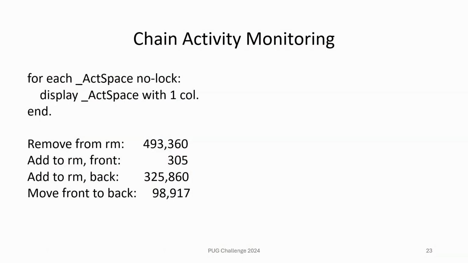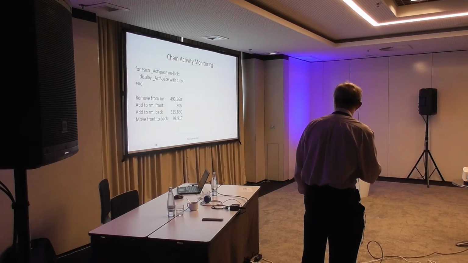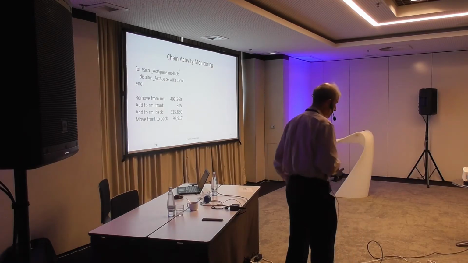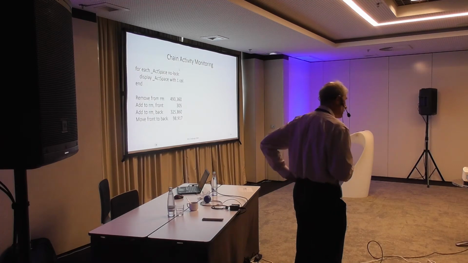And that is activity monitoring. This is a screenshot basically from my database for 1 day. The act space is a table which has 1 record, so I probably should put here find instead of for each, but my 4GL is not very good.